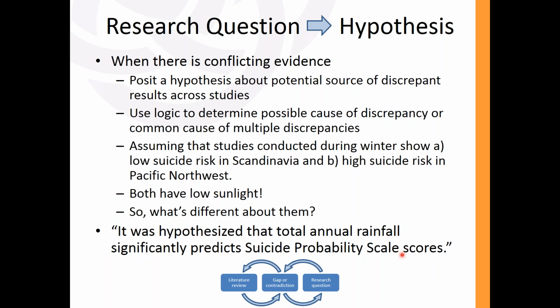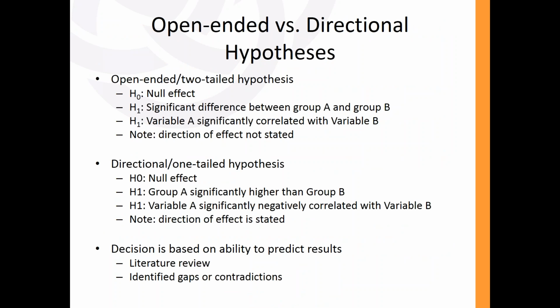Maybe you didn't notice this last time, but now it's more precise, more specific on the basis of the facts that I have at my disposal. So it really depends on how much previous knowledge there is out there that will dictate the degree to which you can make a directional, aka one-tailed hypothesis versus sticking to a more open-ended one.